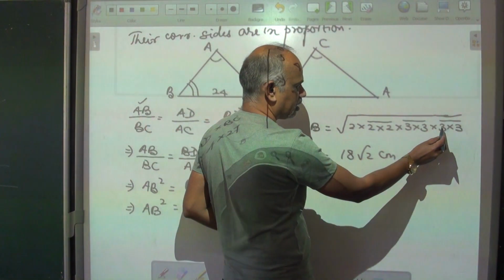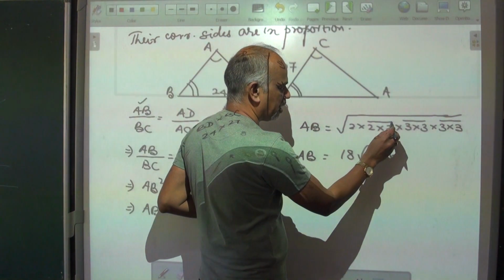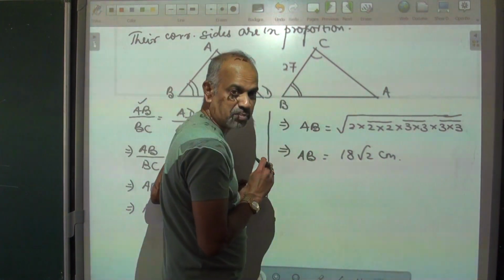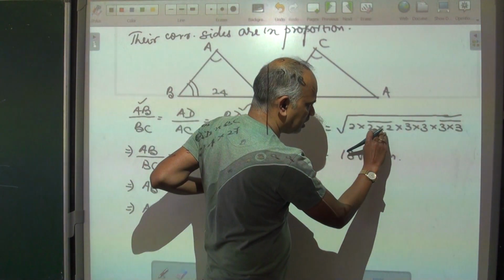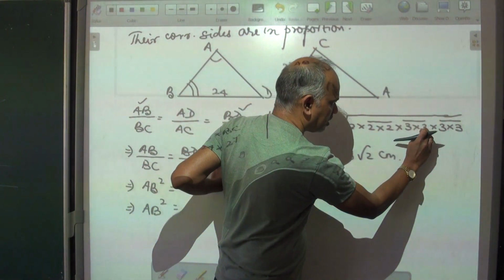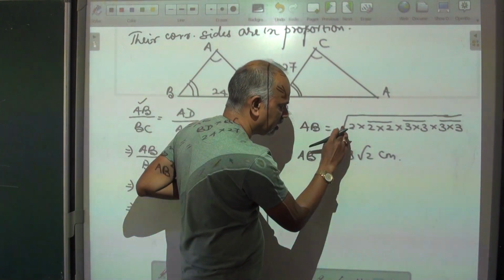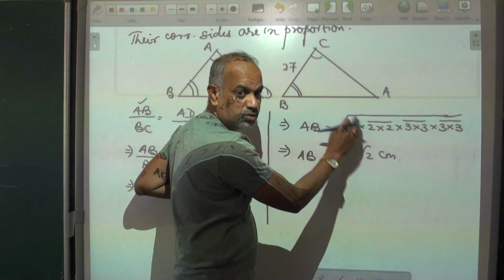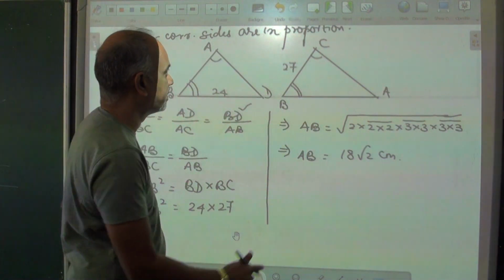The 3 and the 3 becomes a pair, this 3 becomes a pair, these 2's become a pair. This one is left separately. Now find square root. AB is equal to square root of this is 2 into 3 is 6, 6 into 3 is 18, and this remains under the root. 18 root 2, the units used were centimeter, so AB's length is 18 root 2 centimeter.